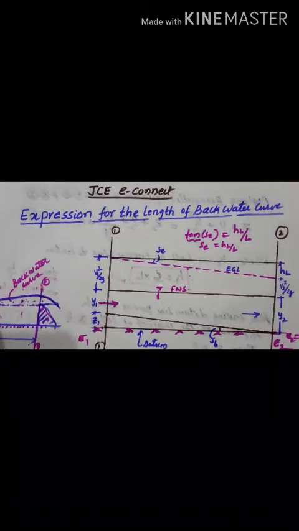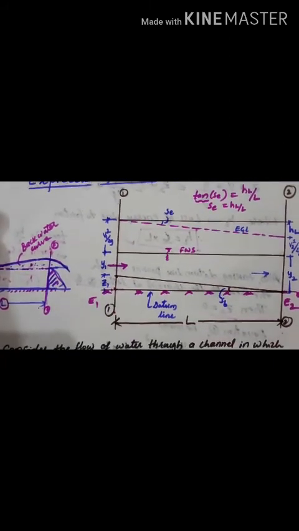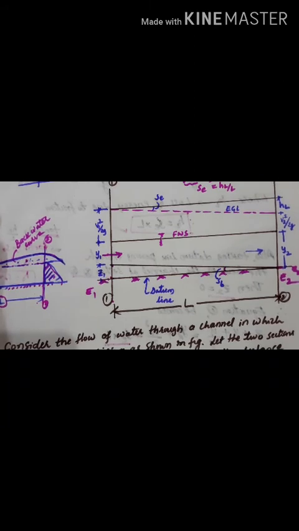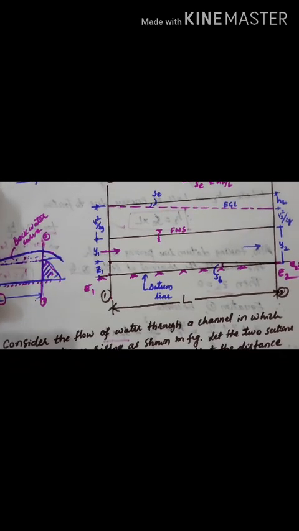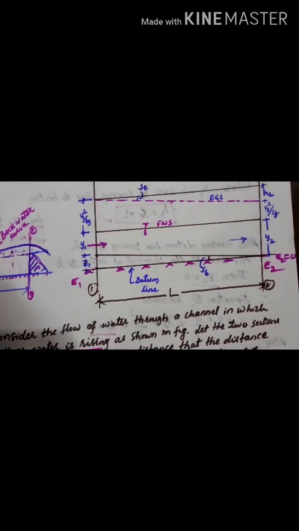Please practice this derivation and also remember the equation for length of backwater curve. In the previous lecture we have derived the differential equation for gradually varied flow, that is dy by dx, and this is the length of backwater curve. Thank you.